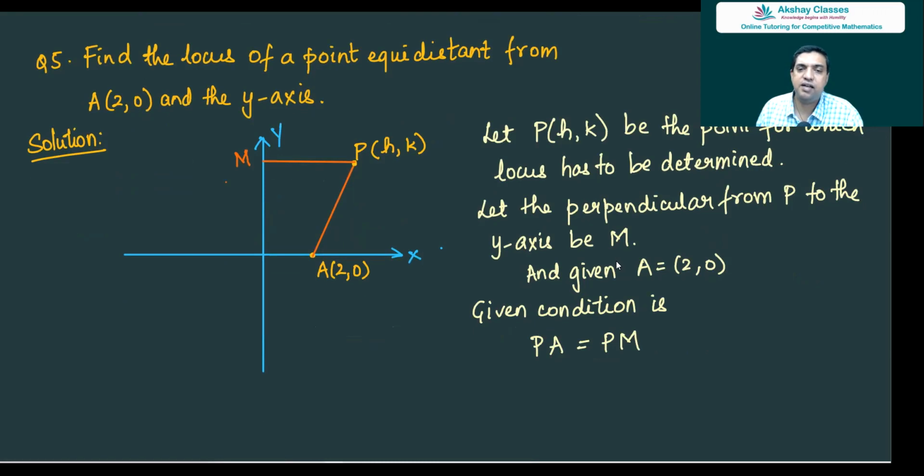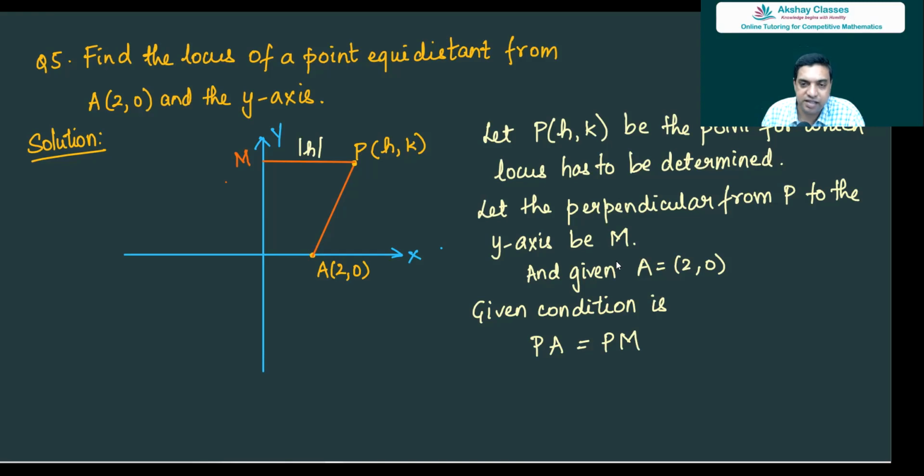Now if P is (h, k), what is this distance MP? The h, very good. It is h, the x coordinate of P, because this perpendicular distance is the x coordinate of P. You can take modulus also.